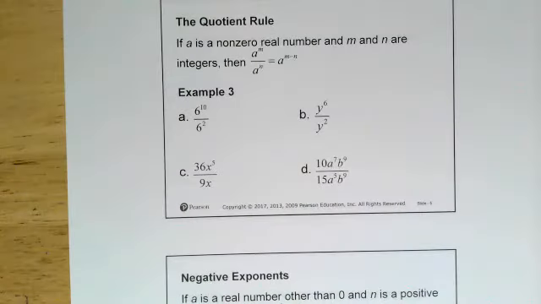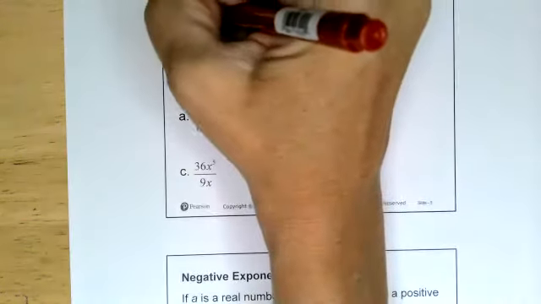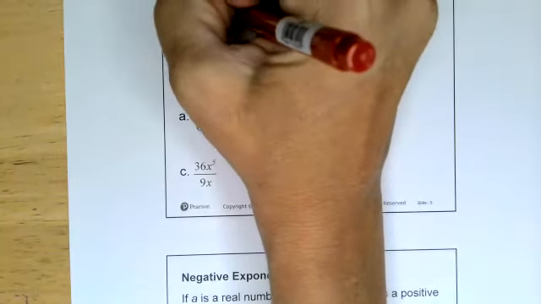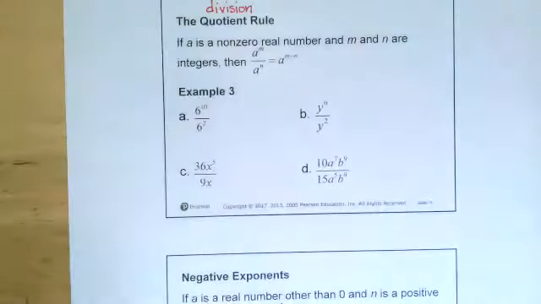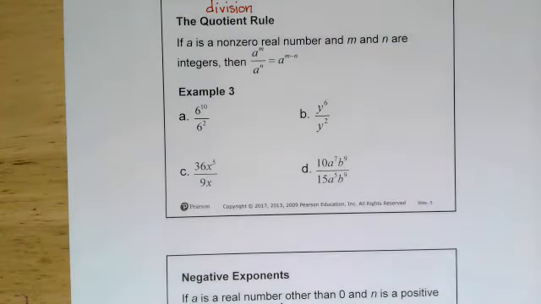All right, quotient, sorry. Quotient means the answer to a division problem. So we say the quotient rule is the division rule. And just like last time, we said, if you have a base raised to a power times that same base raised to a power, keep the base and add the exponents. Here, we keep the base and subtract the exponents, okay?